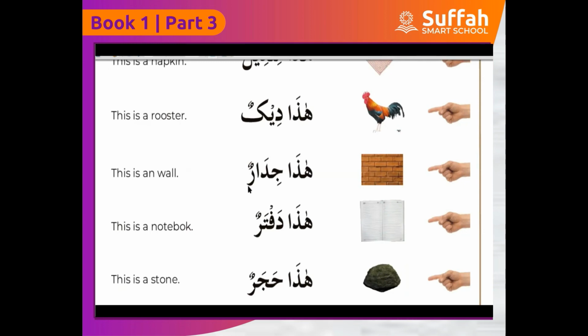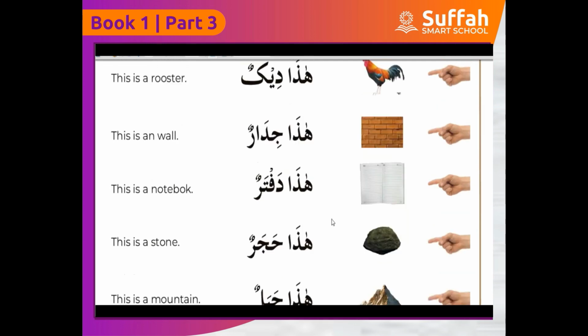It is not that much curved. So there is a difference between ra and da. Ji followed by da, and the last letter is ra. So there is a bit of difference between these two letters in writing. Jidarun. Hada jidarun.